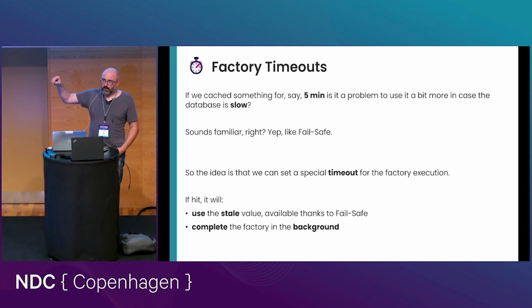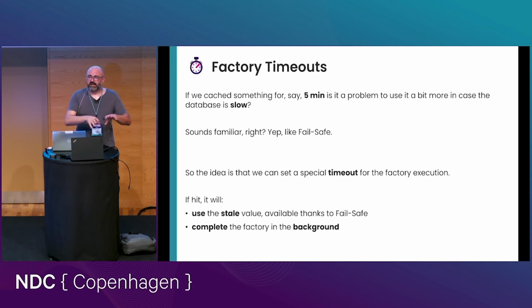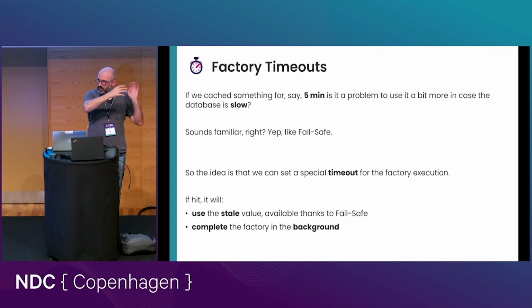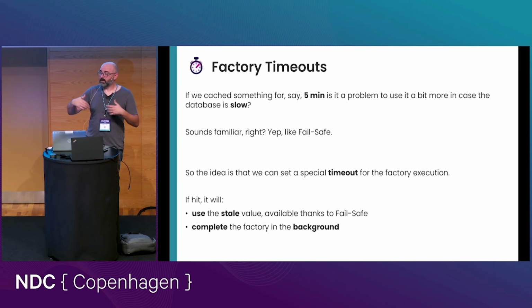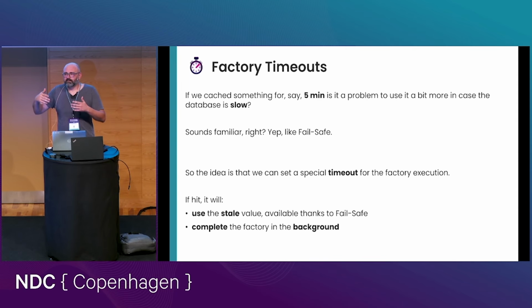And if that timeout is hit, what happens is that FusionCache will use the stale data, because it was valid before, but at the same time, it will move the factory execution in the background and let it complete there without blocking. So we will give it a chance for fast operations, which are pretty common, I hope, in your scenario. But when trouble happens and something becomes slow, we wait, but not more than X. After X, we just use the old value and we'll let it finish in the background.